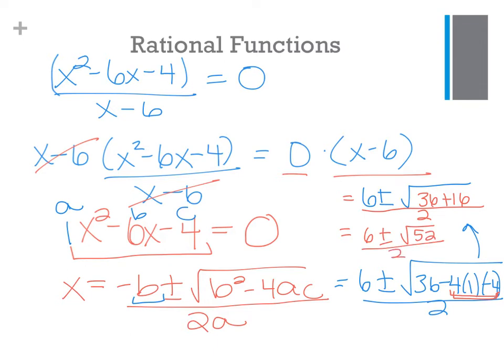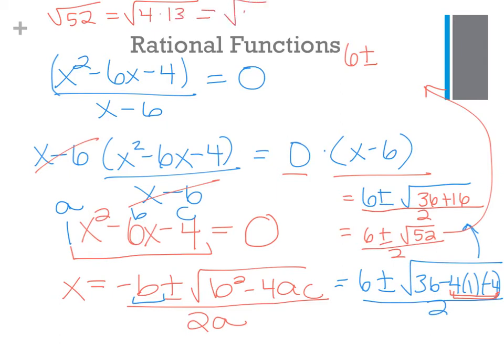So my solutions here are 6 plus or minus the square root of 52 over 2. The square root of 52 can be broken up into the square root of 4 times 13, which is the square root of 4 times the square root of 13, or 2 square roots of 13.